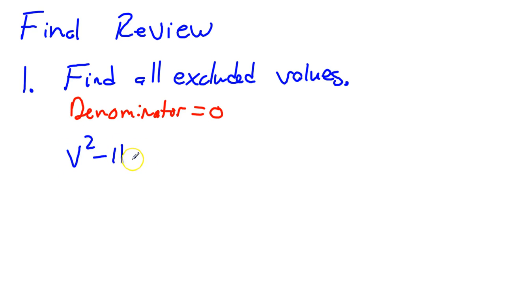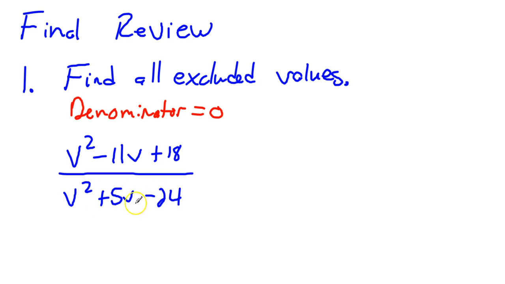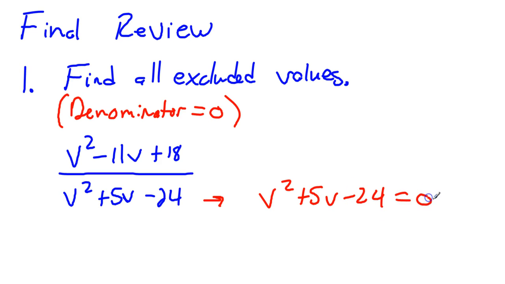So first question is v squared minus 11v plus 18 over v squared plus 5v minus 24. Okay, so if we take the denominator, set it equal to 0, we're looking at v squared plus 5v minus 24 equal to 0.